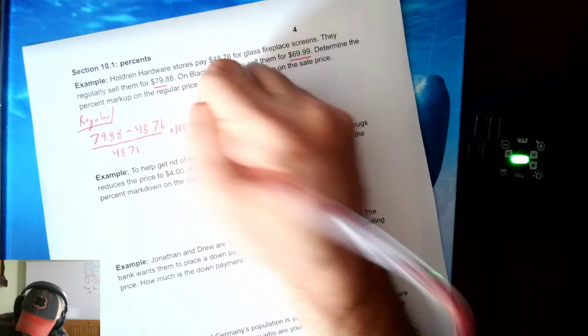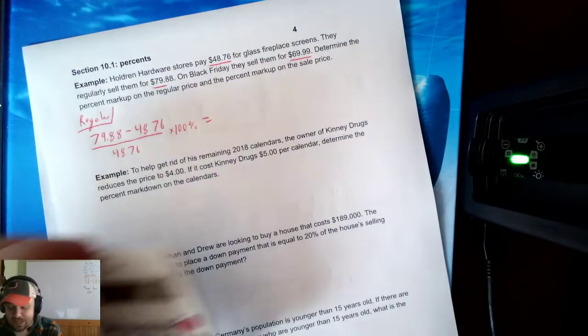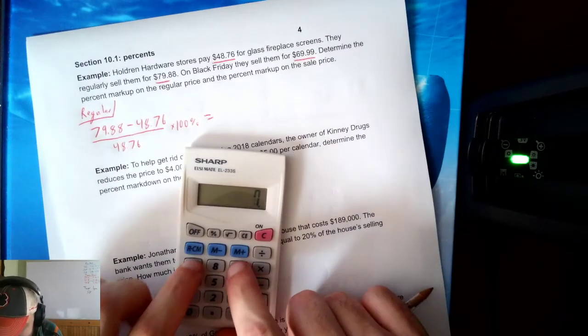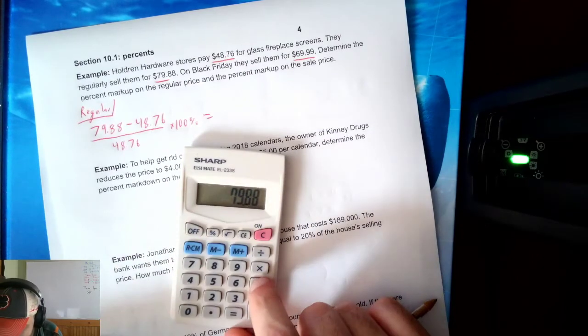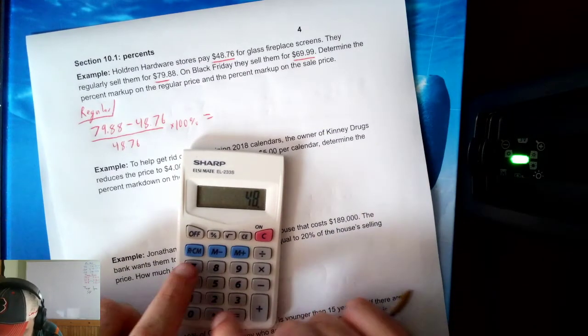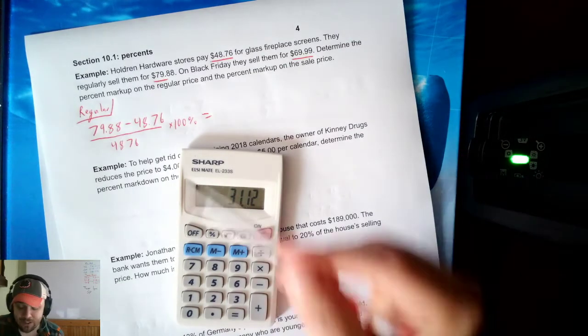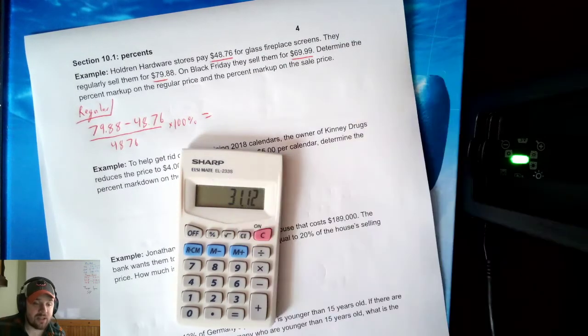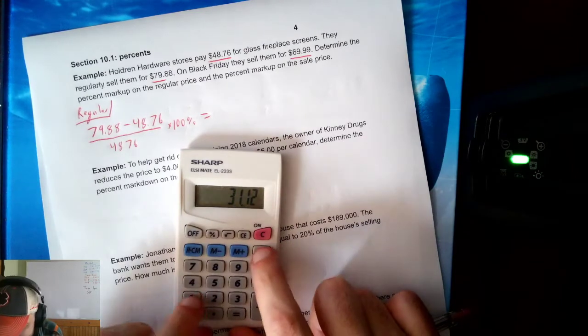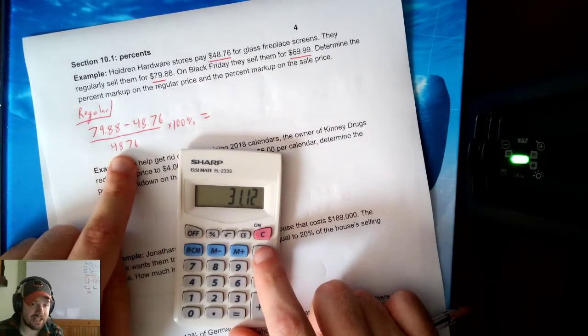Now, we've seen quite a few examples already, and hopefully we can see that I'll take $79.88 and subtract $48.76. That will be my first step. That will give me the top number. I know I'm going to now divide this by 48.76, right? That's what I'm going to do next.